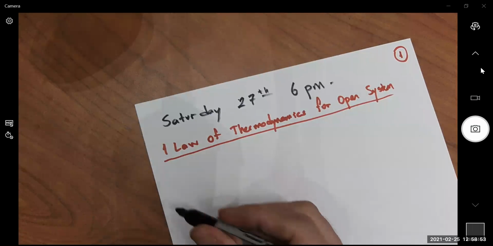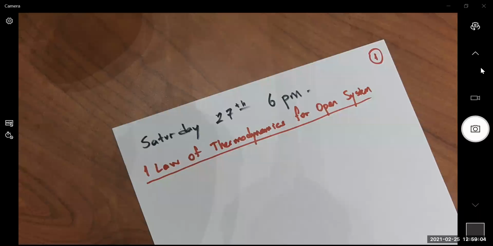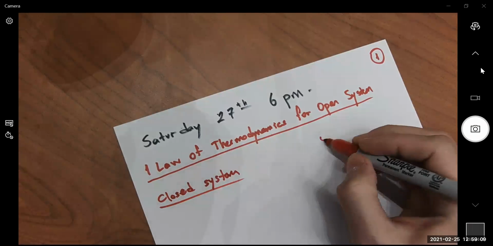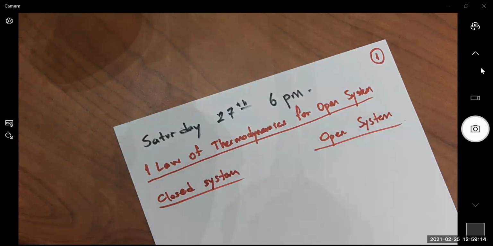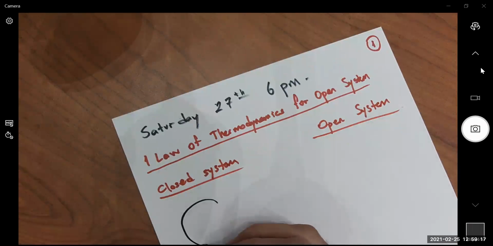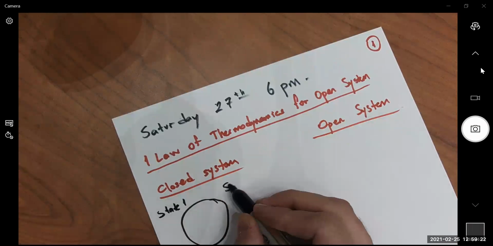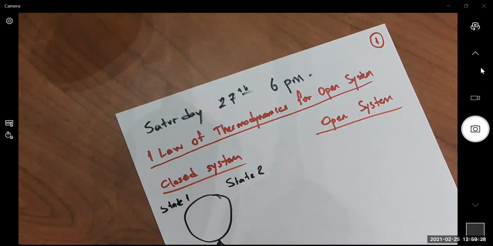So, the closed system and open system. We had a system from state 1 to state 2, and we were connecting those states with some processes.